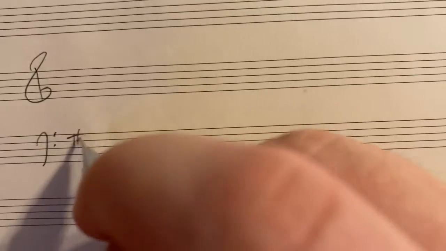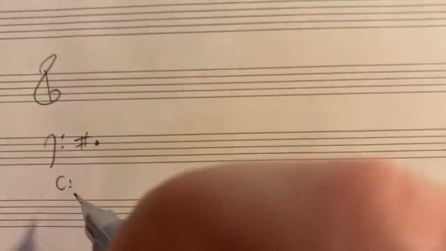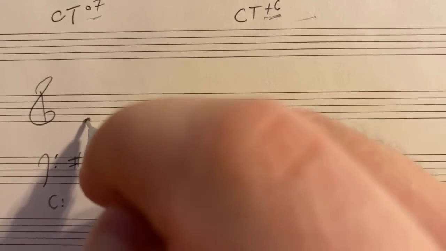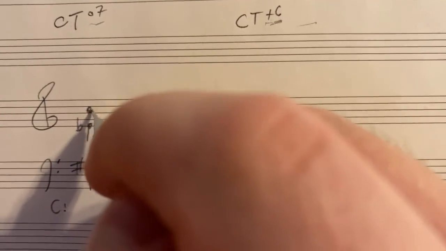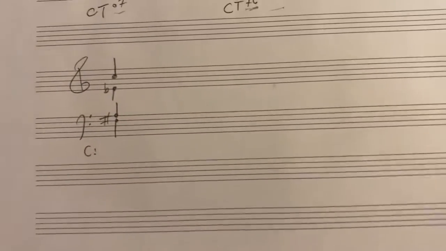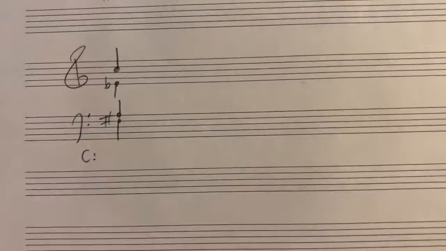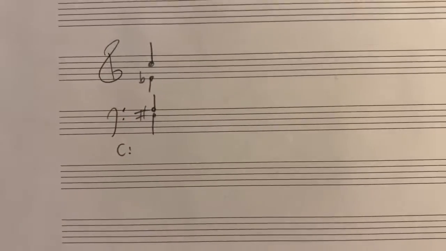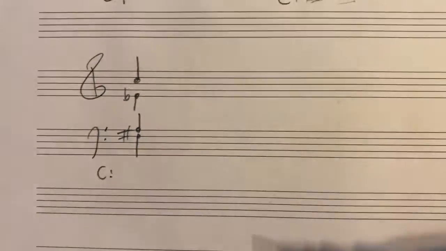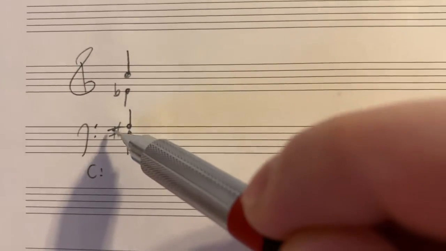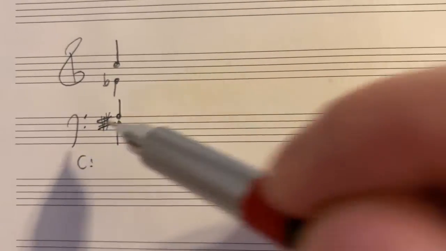Here's an example. Let's pretend we're in C major. Let's pretend we're walking along, minding our own business in C major in a piece of music. And we see this chord. A couple things we could notice about it right off the bat. There's a raised accidental. That's a sharp.